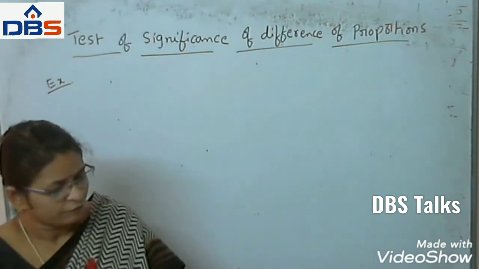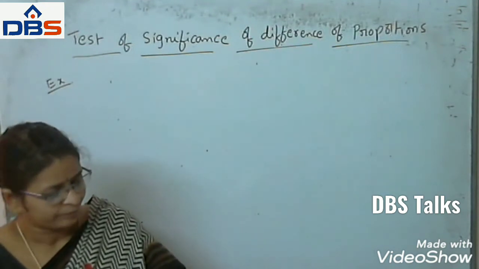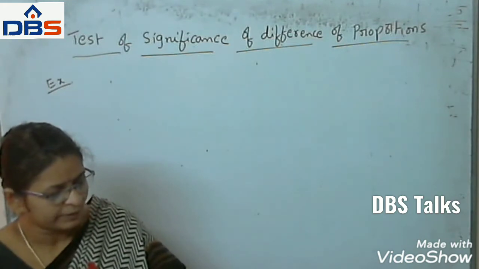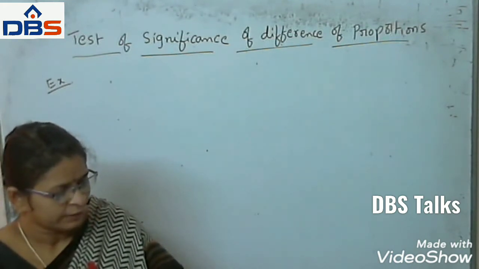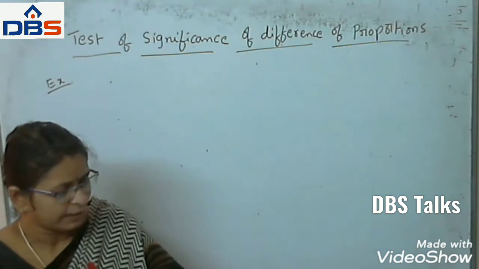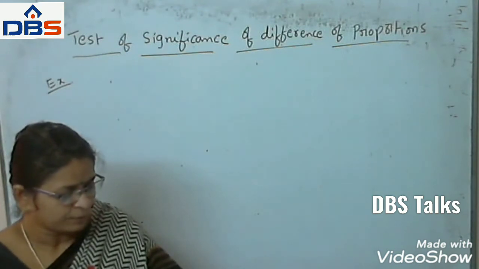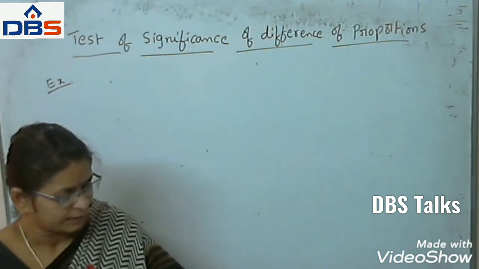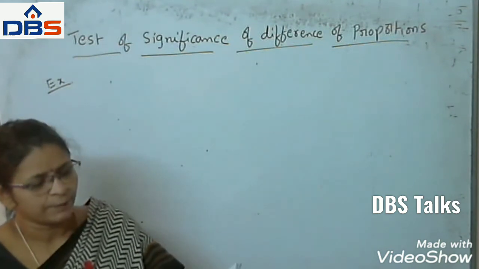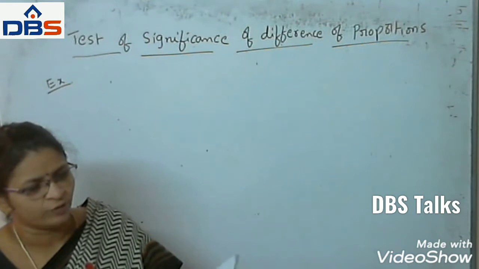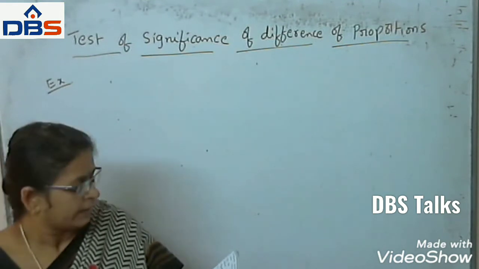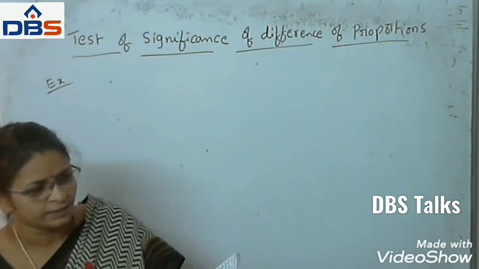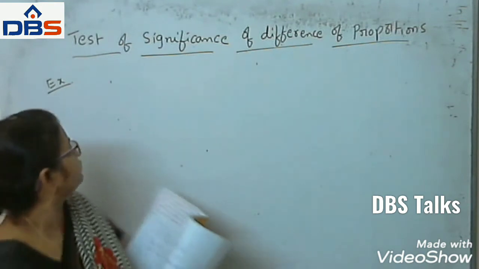In that, 200 men and 325 women were in favor of the proposal. Test the hypothesis that the proportions of men and women are equal for the proposal, at 5% level of significance. So a committee is surveying 400 men and 600 women in a locality.